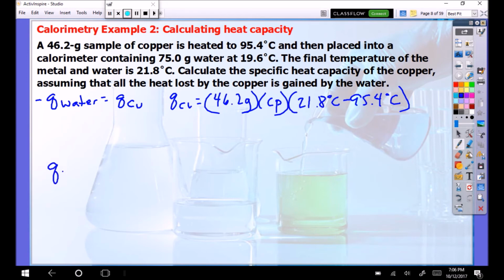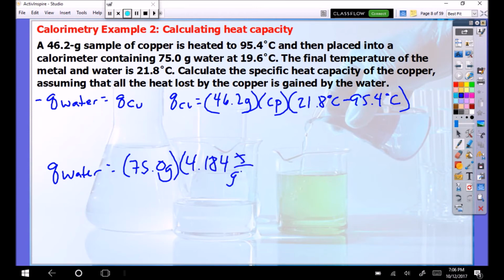So water is equal to 75 grams, 4.184 joules per gram Celsius, and then we've got 21.8 degrees minus 19.6 was our original.